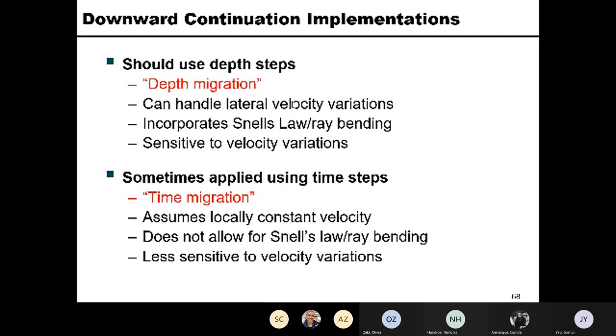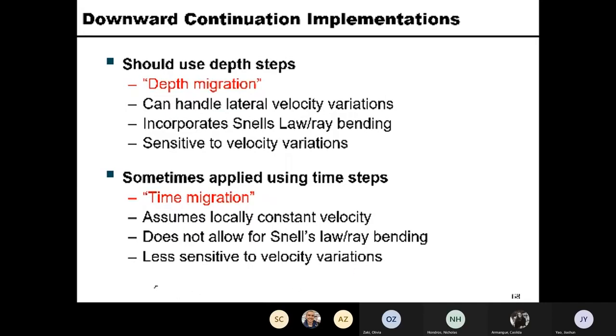That's the difference. Depth migration exactly follows the physical wave equation, which means it follows Snell's law and ray bending. Snell's law relates the incident angle to the reflection angle or transmission angle, right? But time migration does not follow Snell's law, okay?